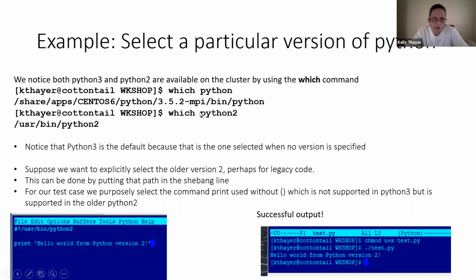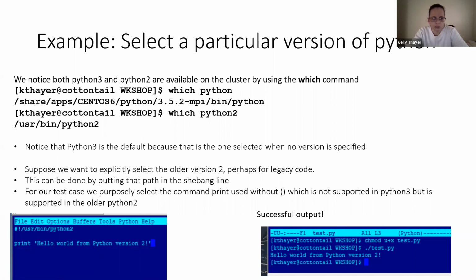Many bioinformatic tools and so on still use Python 2. So you may want to know if there's a Python 2 on the cluster. And so we see that actually there is, and it's going to point to this location. So Python 3 is the one that's selected if you just use plain python. So that's helpful to know. That's what you would be running.